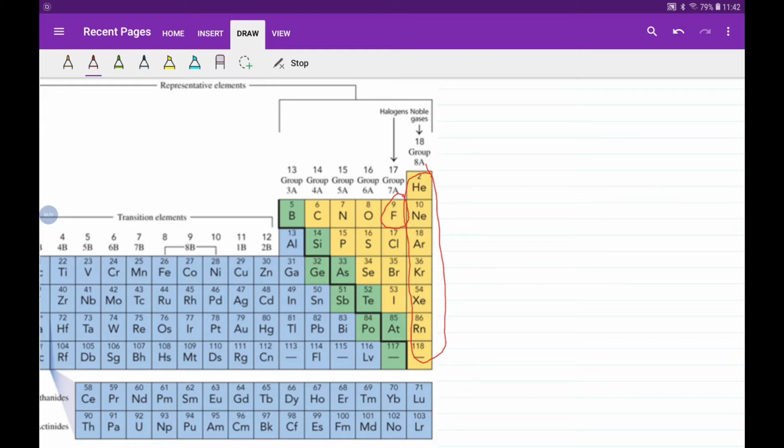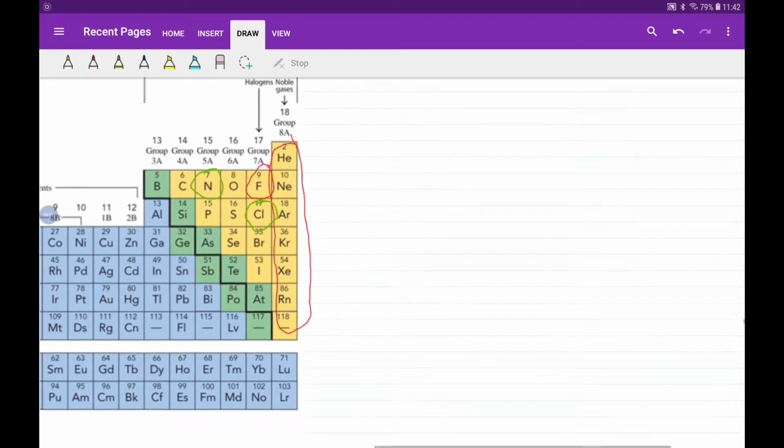We already decided we're excluding fluorine. So the two elements that are closest to fluorine, excluding oxygen since we're adding oxygen to other stuff, would be nitrogen and chlorine. So I'm going to start with these two, and I'm going to walk you through a pattern to see how we can get through this.